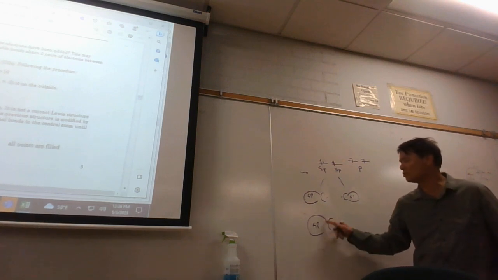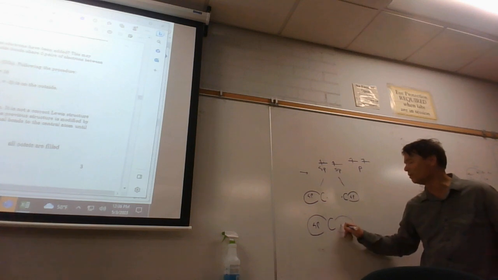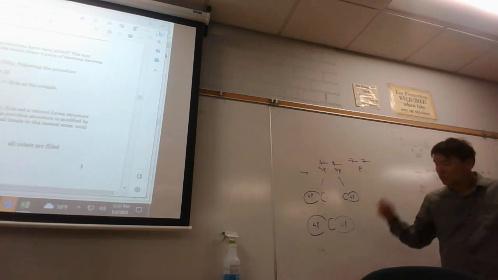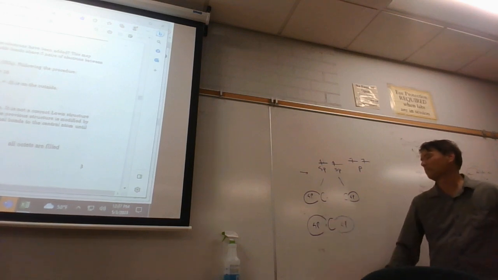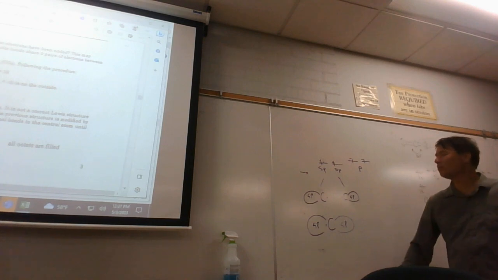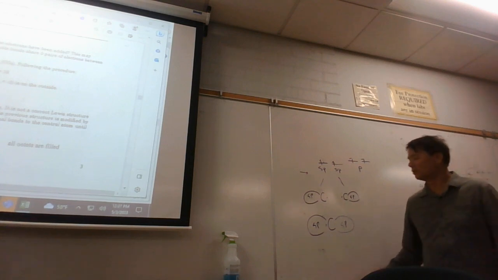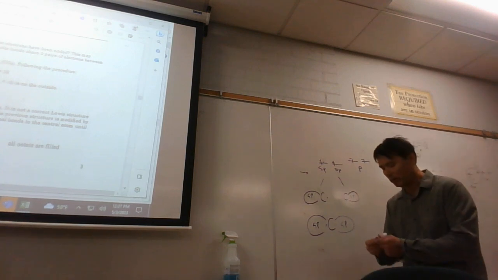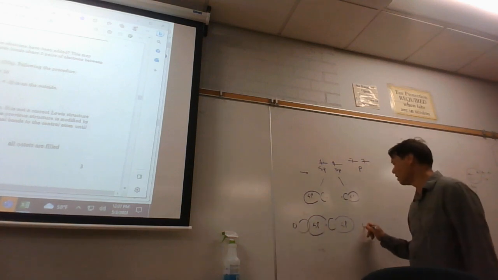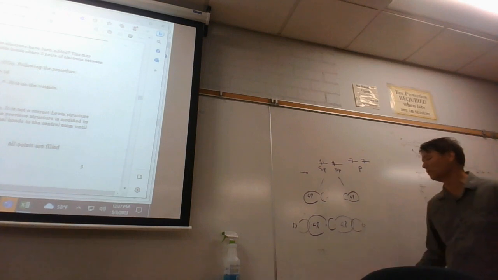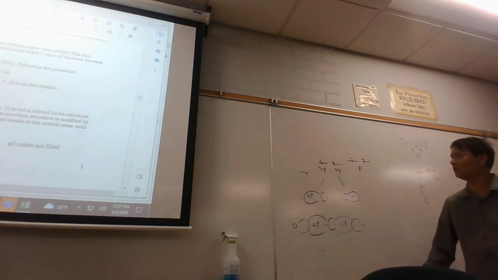A p orbital would have 2 lobes and be the same orbital. These are 2 separate orbitals. These are 2 sp orbitals. And so now we can bond things at 180. So if an oxygen comes along here, it can bond here, and another oxygen can come on here and bond here. And so it's at 180.